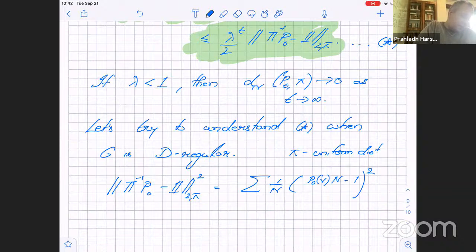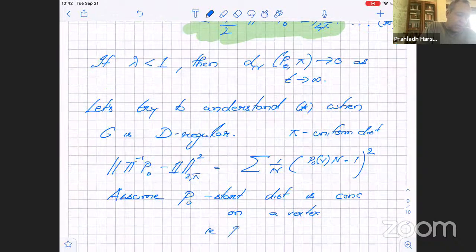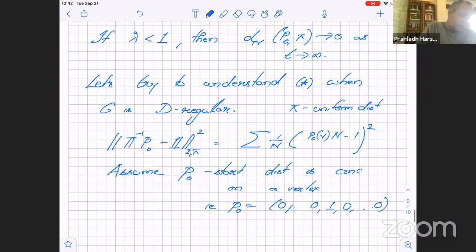And let's assume the start distribution is concentrated on a vertex. That is P0 is of the form 0, 0, 0, 0, 0, just one vertex, it's 1 and 0 elsewhere. So then what do you have?